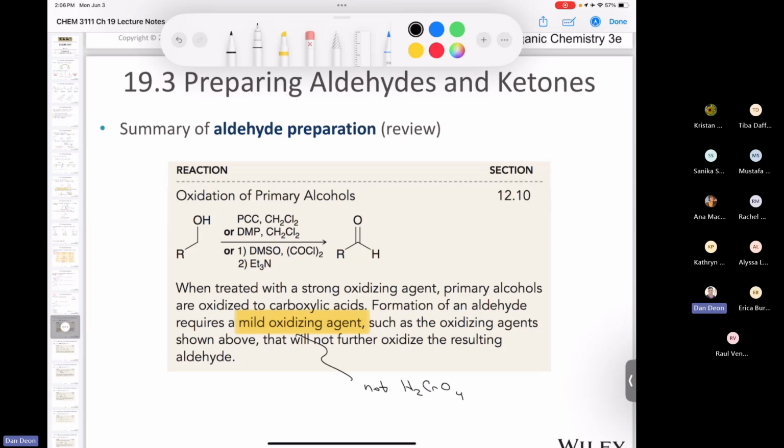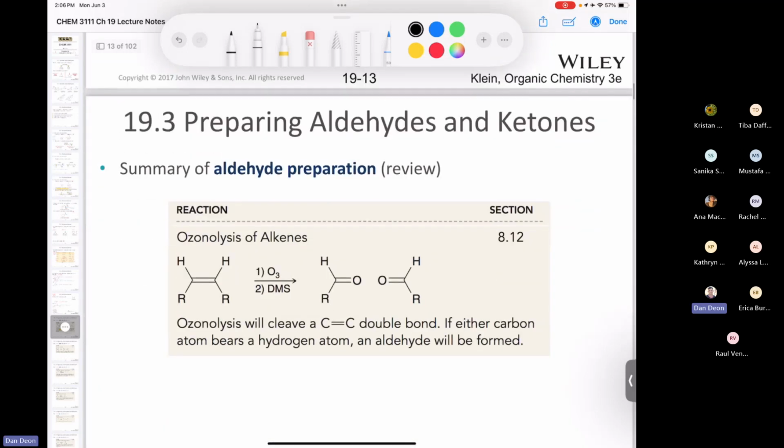All the other oxidizers, whether it's PCC, Dess-Martin periodinane, or this one here, the Swern, are just going to oxidize your primary alcohol to an aldehyde. Remember, if you treat the aldehyde with chromic acid, that's going to oxidize it further to the carboxylic acid. But this is for another chapter. The topic of this chapter is not carboxylic acids, so let's not worry about those.